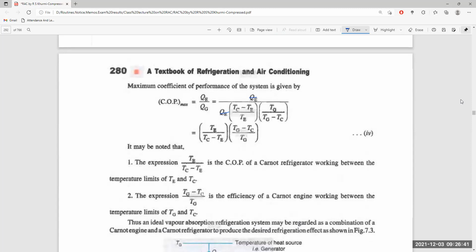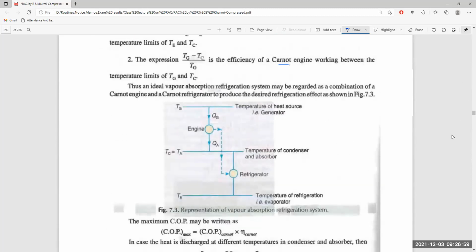So both are Carnot cycles with different temperatures, one working between the temperature of the generator and the condenser, and the other between the condenser and the evaporator. Thus, an ideal absorption refrigeration system may be regarded as the combination of a Carnot engine and a Carnot refrigerator to produce the ideal refrigerating effect.